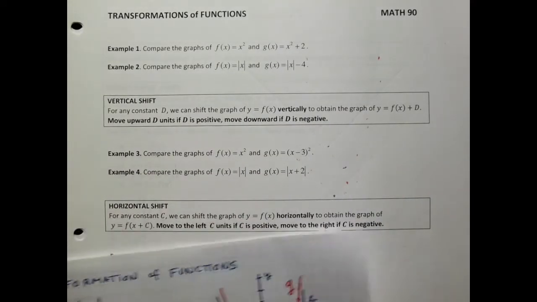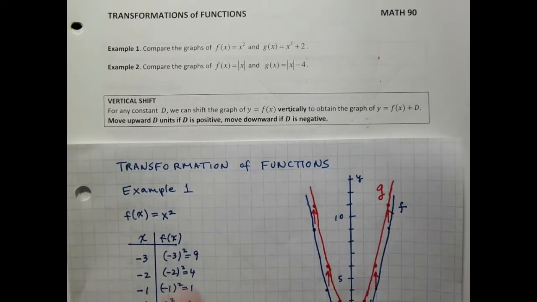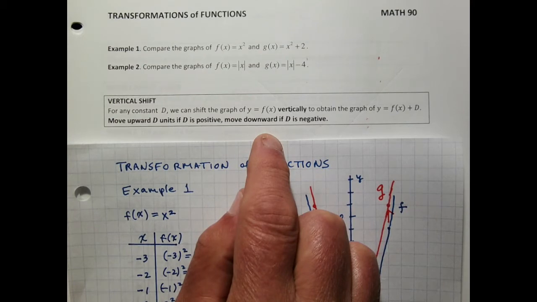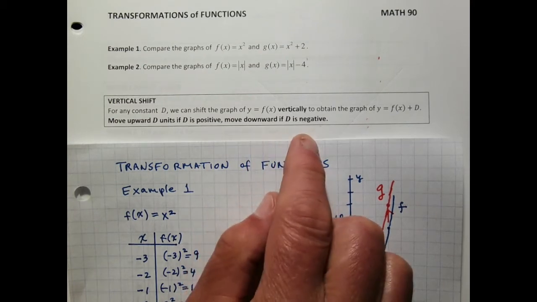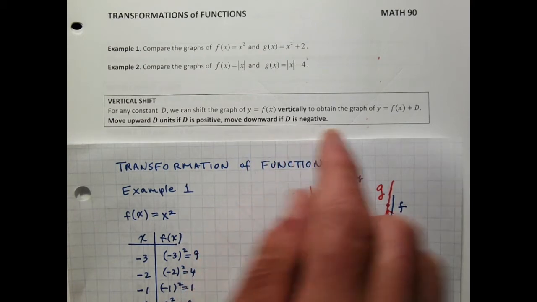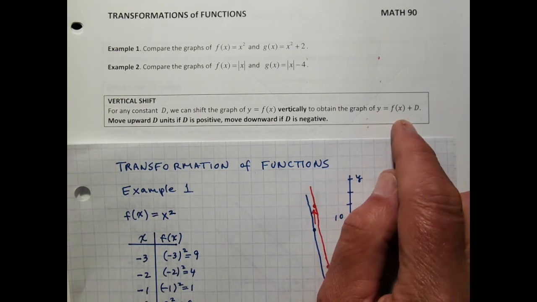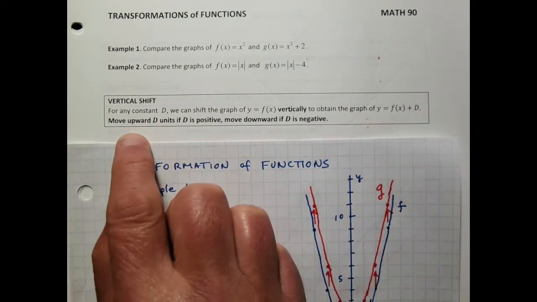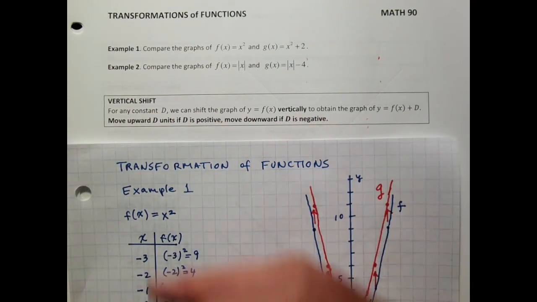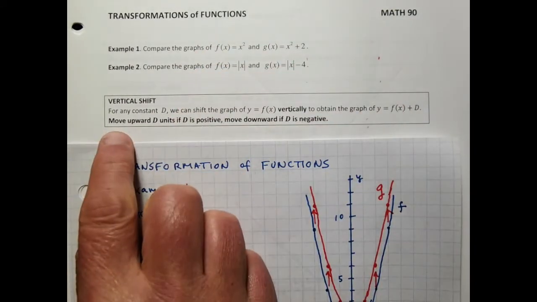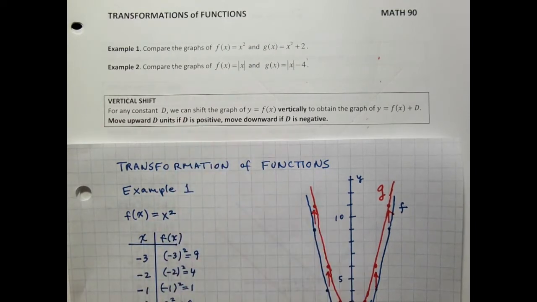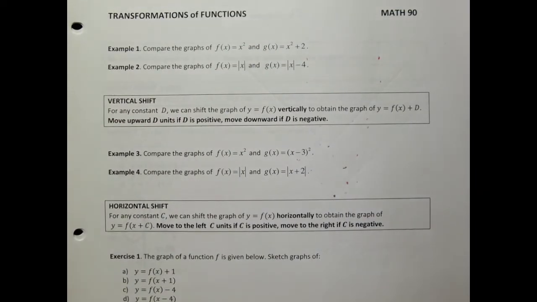So we want to make this observation in the box that for any constant d, we can shift the graph of y equals f of x vertically to obtain the graph of y equals f of x plus d. If we add a constant on the outside, we move vertically. We shift the graph either up or down. We move upward d units if d is positive, downward if d is negative.